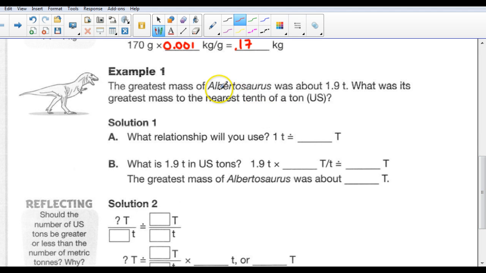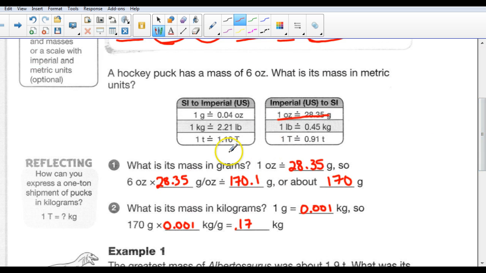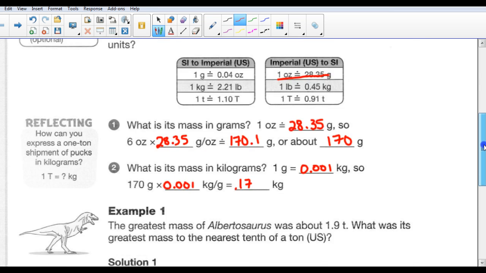All right, example 1. The greatest mass of Albertosaurus was about 1.9 tons. What was its greatest mass to the nearest tenth of a ton US? Okay, so what is the relationship we'll use? Well, let's go back up to our chart here. 1 ton is equal to 1.10 tons, because that small t is SI, the large T is US tons. Okay, so we know it takes more American tons to make a metric ton, so 1 metric ton or 1 SI ton is 1.10 imperial tons.